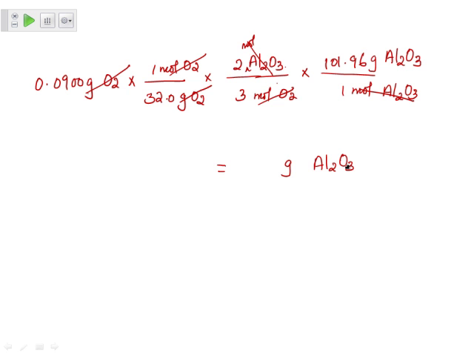Do the calculation, please. 0.191 grams of aluminum oxide.